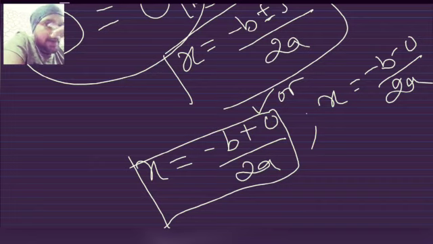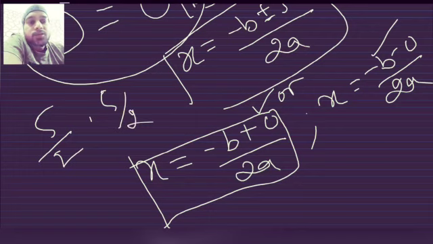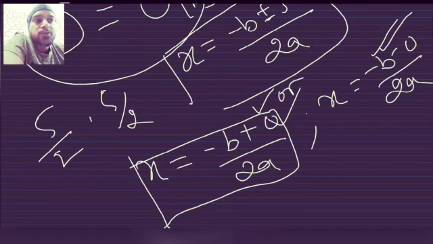And you're going to divide it by 2a. Like suppose minus b is equal to 5 and you are dividing by 2, then minus b upon 2a will give you 5 upon 2 again. So here also minus b is divided by 2a, so the value is going to be the same.